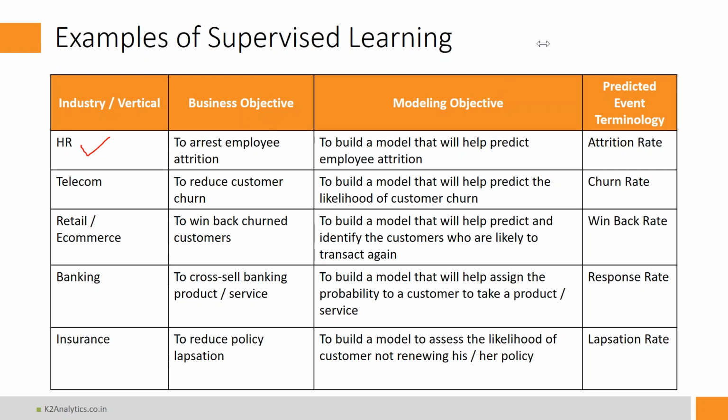If that is possible, I can build a predictive model. There is one application of employee attrition.